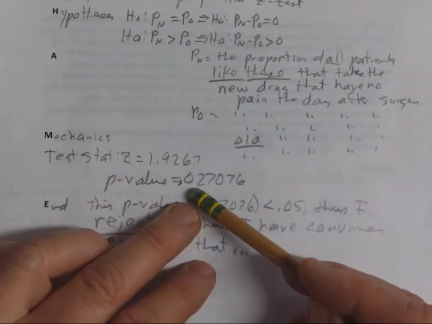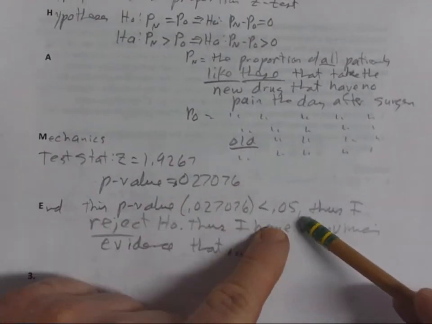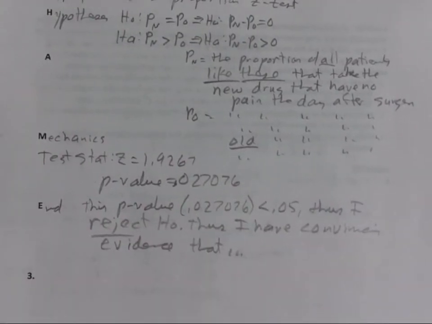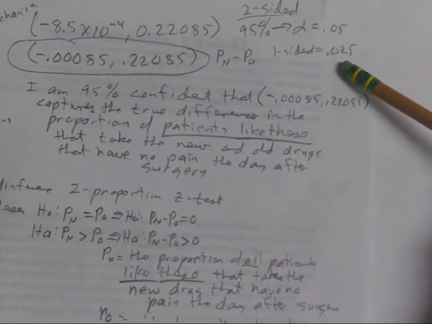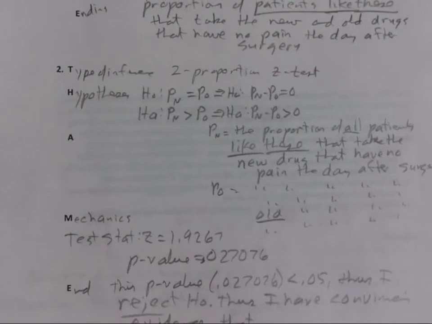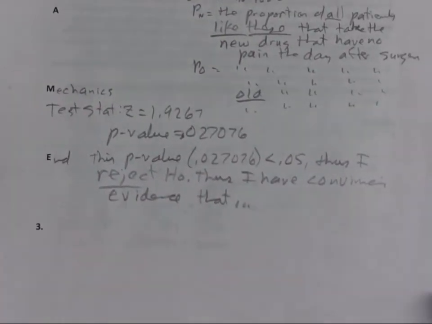And it is. It's 0.027, okay? But if we had an alpha of 0.05, we would reject it. With an alpha of 0.025, we would fail to reject it. So that is, in essence, the connection that happens here. Hope that's not too confusing.